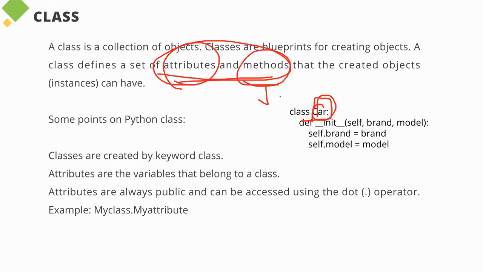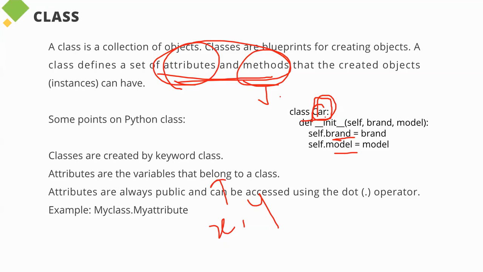If brand X, model X is a car, and brand Y, model Y is a different car, these are all different objects. So with objects X, Y together for a class car, I can define a class as a collection of objects that may be X, Y, Z, and so on.